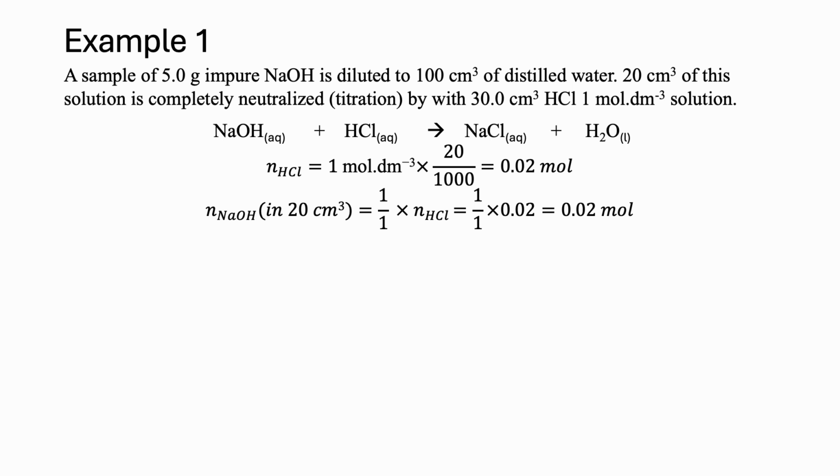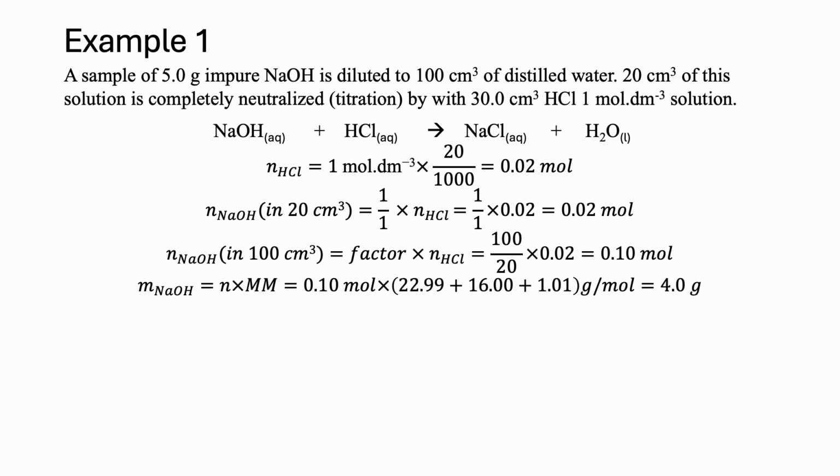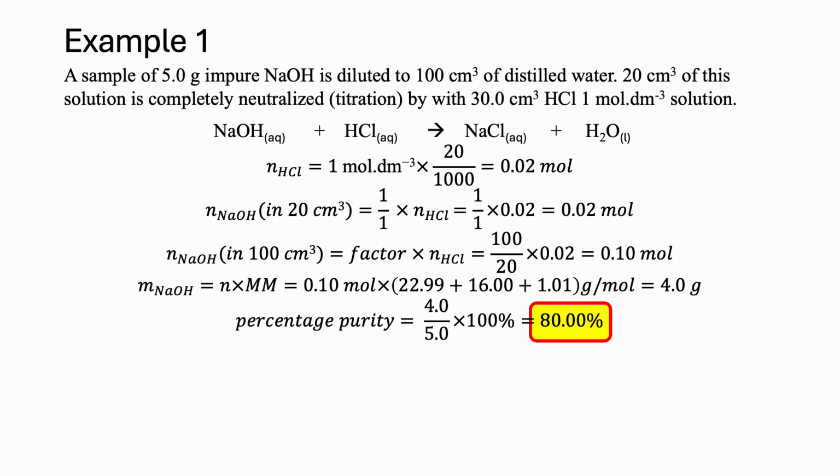Because we took a portion from the total solution, we need to calculate back the number of moles by multiplying by the dilution factor, which is 100 over 20, so it's 0.1 mole. From here we can calculate the mass of NaOH, so we get 4 grams. But the sample of impure NaOH is 5 grams, so we can calculate the percent purity by dividing the pure substance by the impure substance times 100%, so it's equal to 80%.